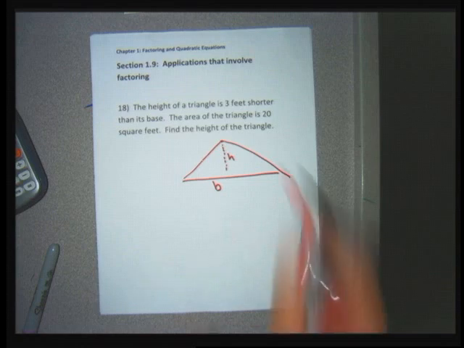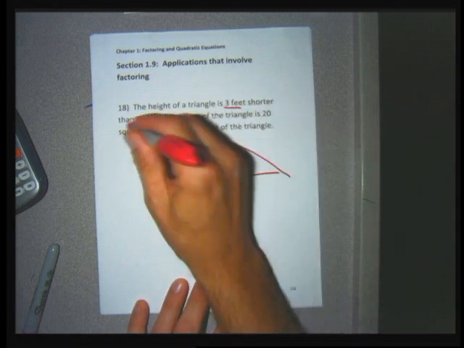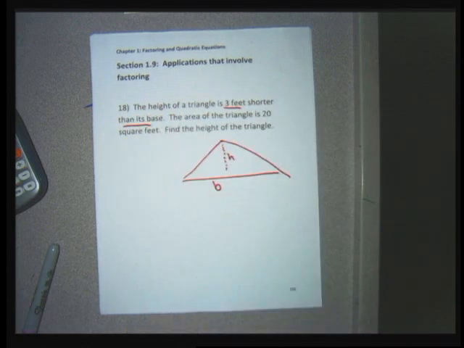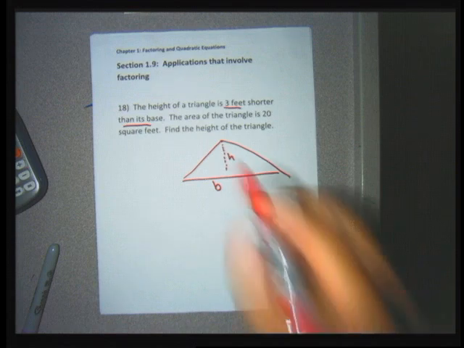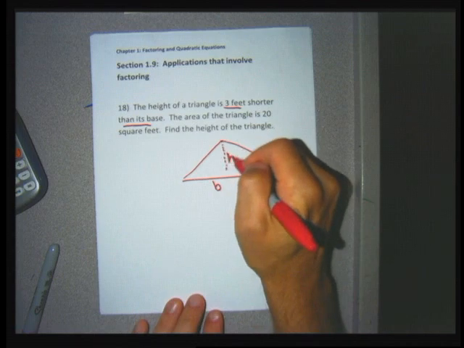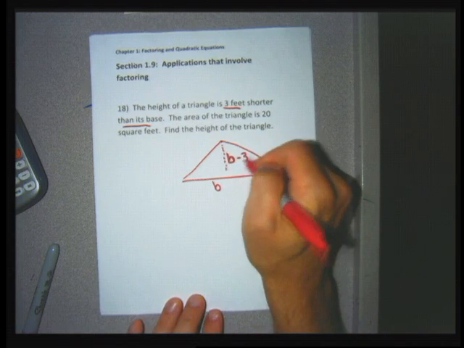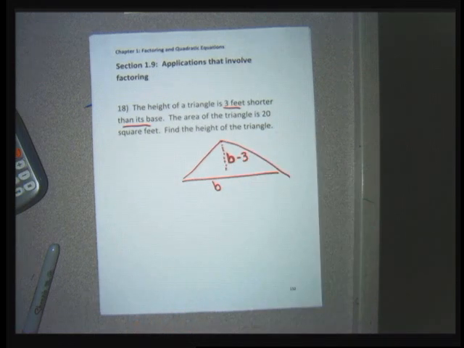The first sentence says the height is 3 feet shorter than the base. I'm going to get that into my picture. For the height to be 3 feet shorter than the base, then my height has to be the base minus 3. That's 3 feet less. So this is the triangle that I'm dealt with. Done with the first sentence, it gave me the triangle picture.